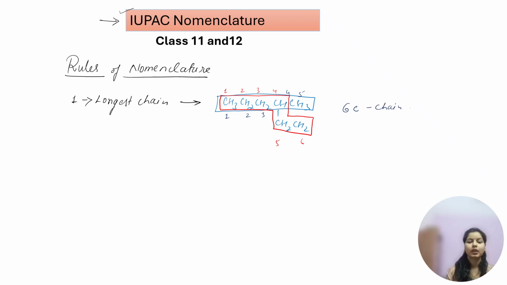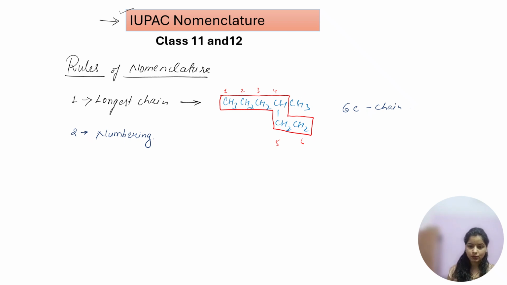Now, after selecting the chain, what you need to do? You need to number them. The second point is numbering. Let me remove this part because our longest chain is the red box.